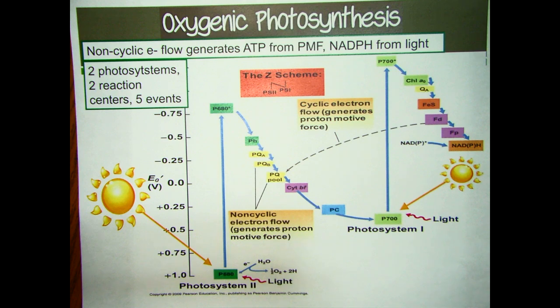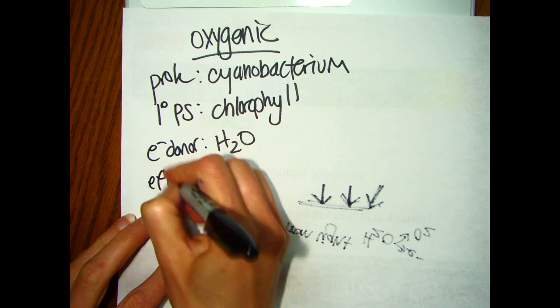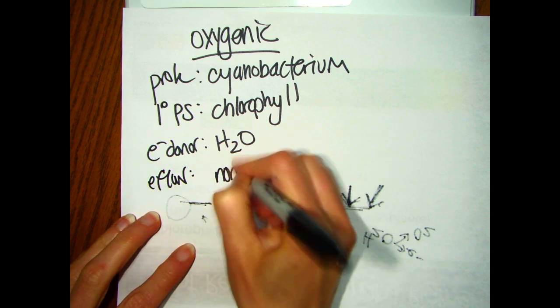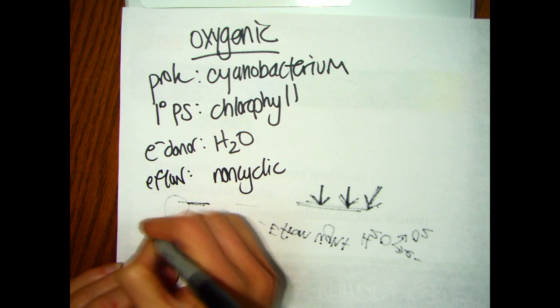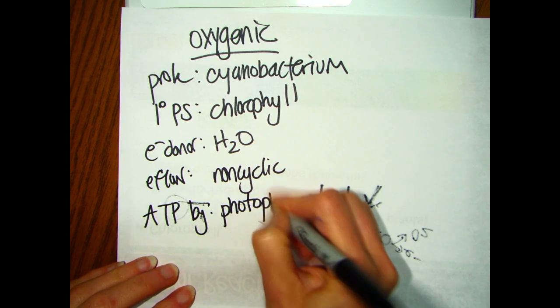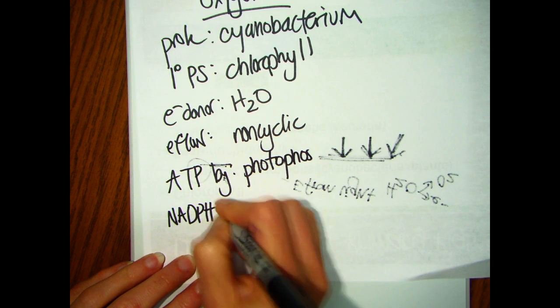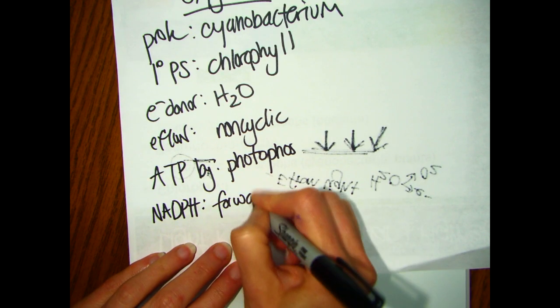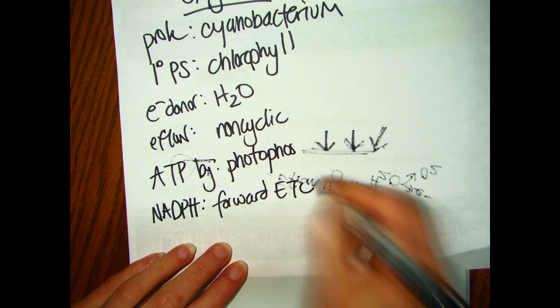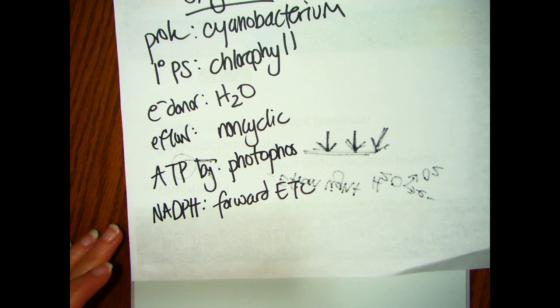So where's our list of things we have learned? Okay, so a new thing that we have learned is electron flow, non-cyclic, and we have learned ATP by photophosphorylation and NADPH by forward electron transport. Okay, so these are all things that we have learned so far about oxygenic photosynthesis.